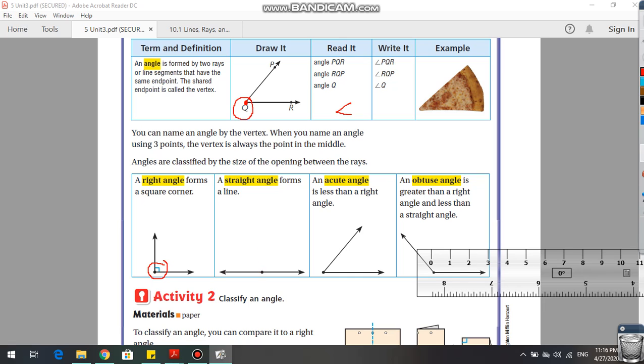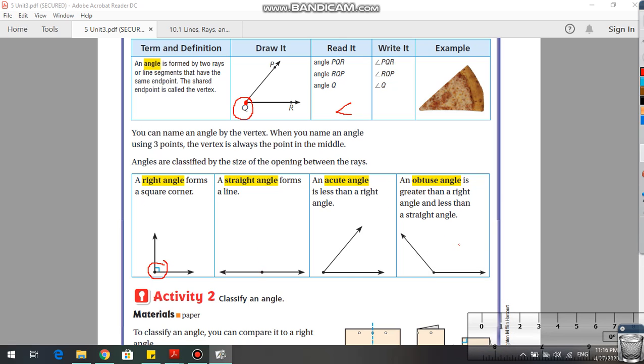The third type that we have is the acute angle. From its name, it's a very small angle, okay? And it's less than the right angle. If I draw a right angle, it's going to be like this. But an acute angle is less than the right angle.